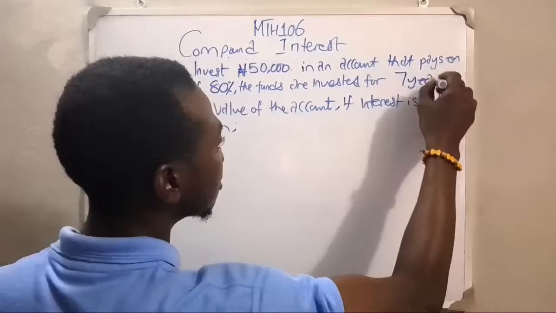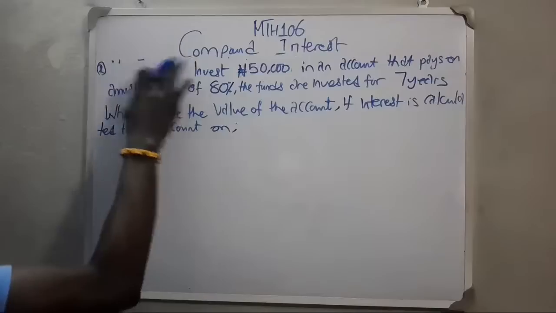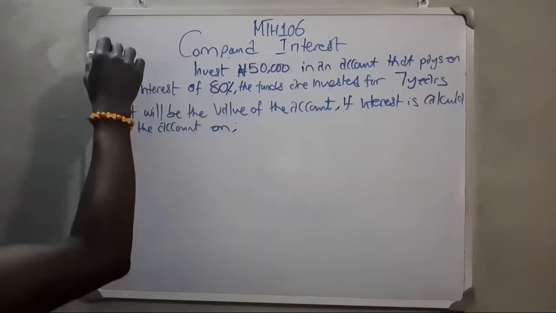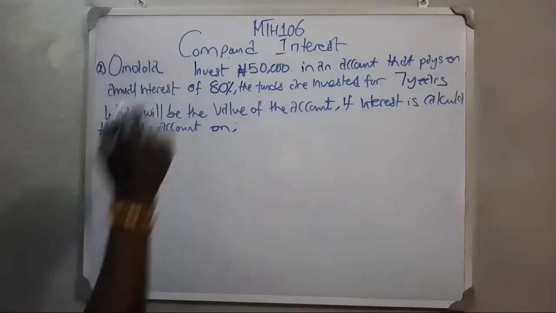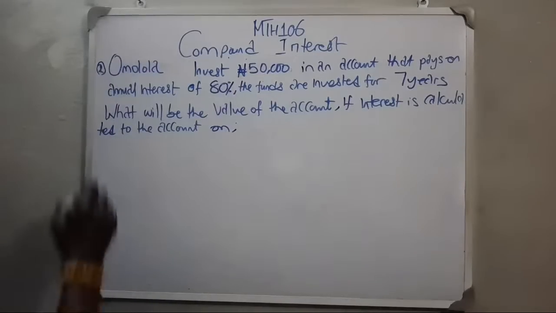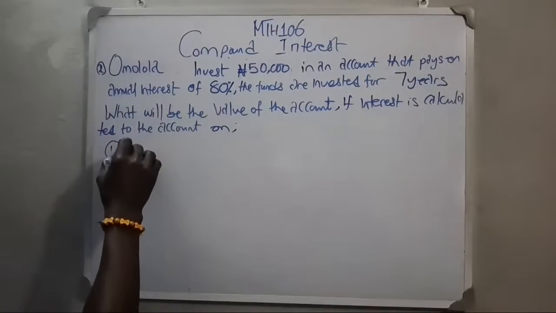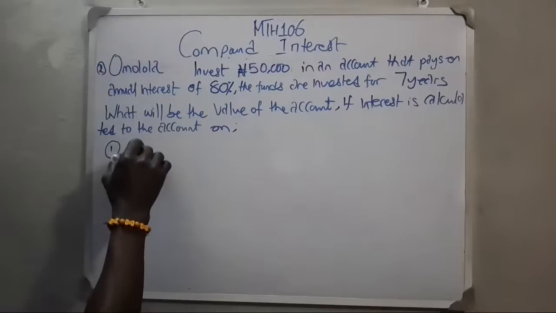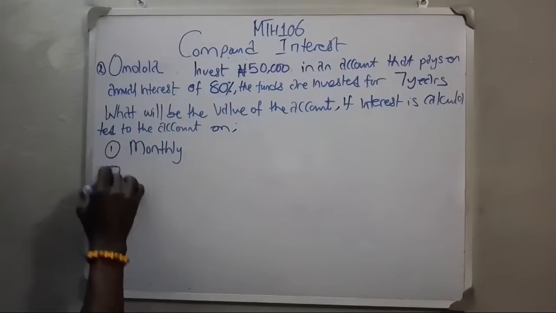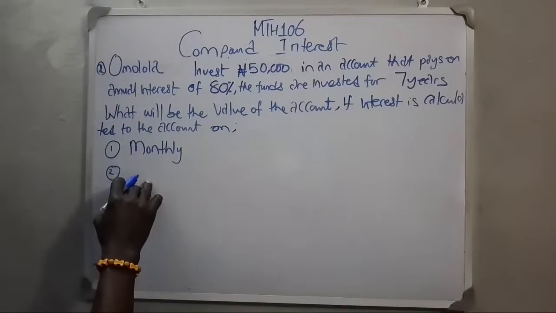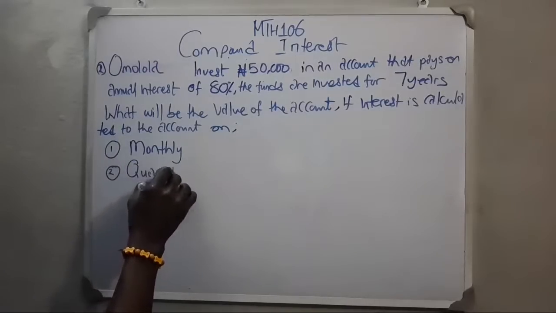And this will be 7 years. All right, I'm changing this name to Omolola. Then account on one, we have monthly. Monthly is the same thing as yearly. We have 2, quarterly.